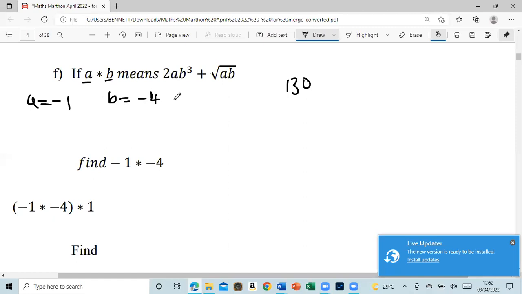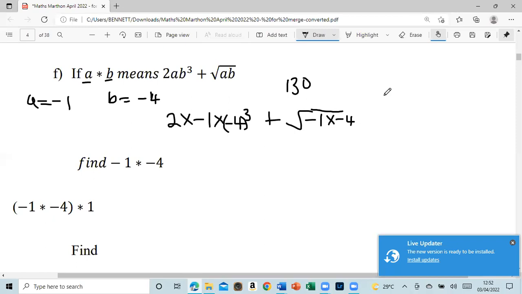And how would you know? We just substitute. So it's 2 times -1 times -4 raised to the third power, right? Plus -1 times -4, because it's a times AB, right? All right, so we do this part first. I have to cube first, guys, according to the BODMAS rule. That comes before multiplication.